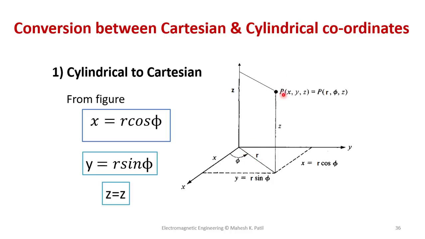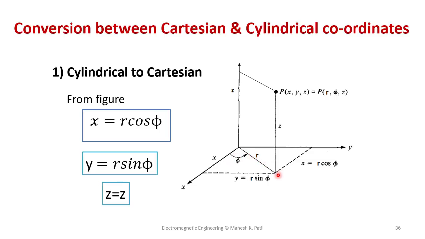Now the projection of this point P is making an angle phi with respect to the xz plane. So this is the phi angle.